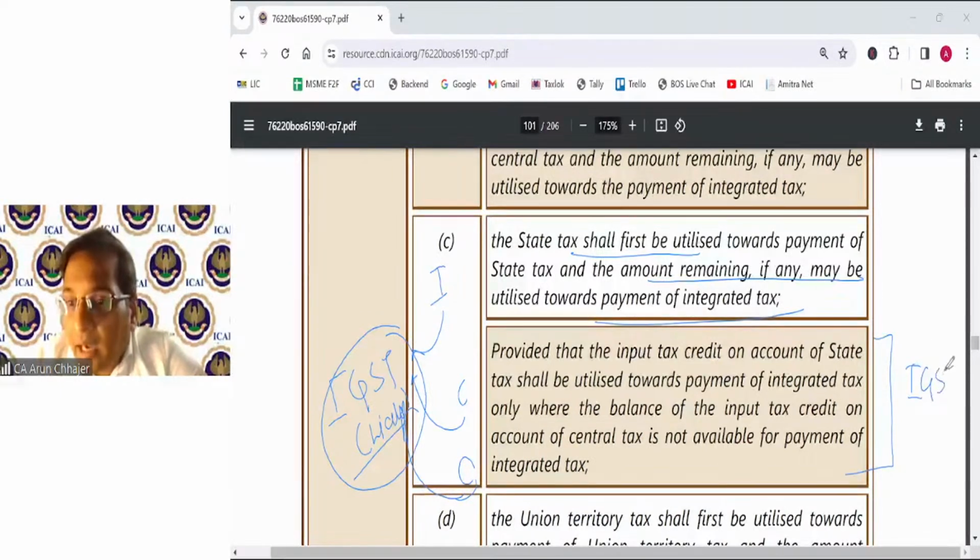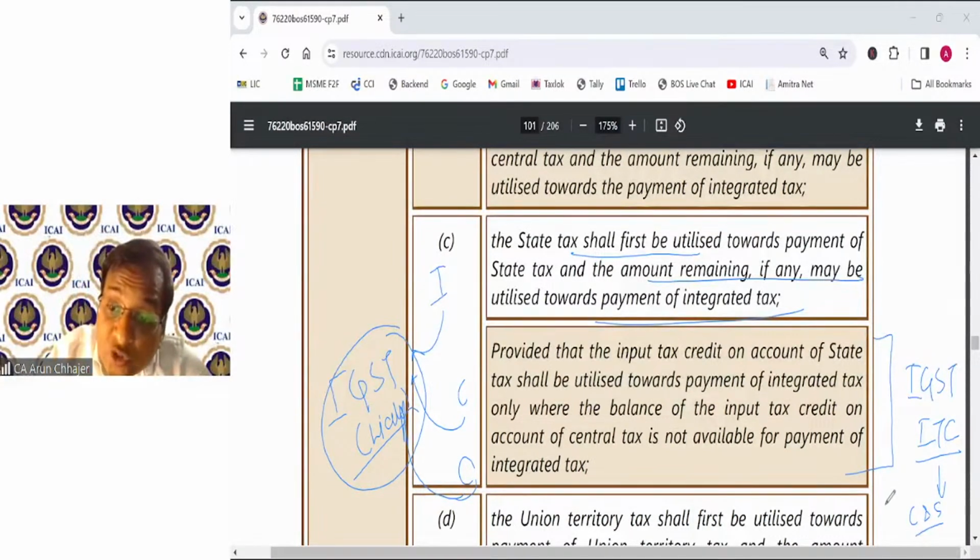IGST का ITC distribution का जब बात आता है, then it is being distributed between C and S in any order, any manner. But when the situation is different, C and S ka ITC is being required by I ka liability, then there is an order.